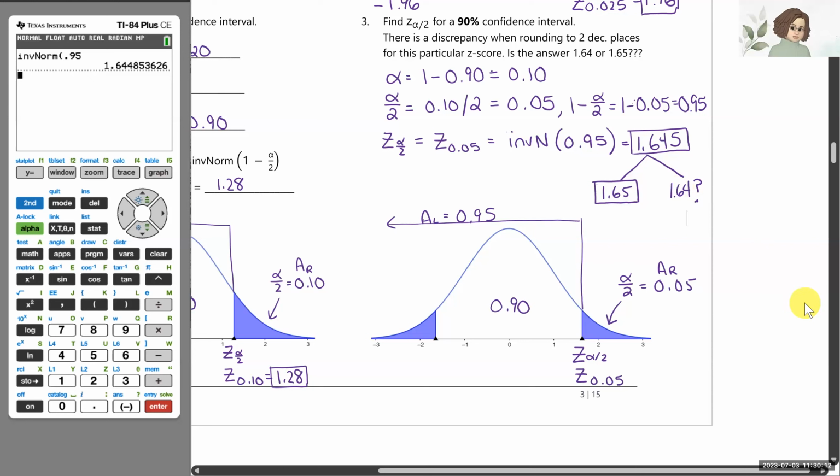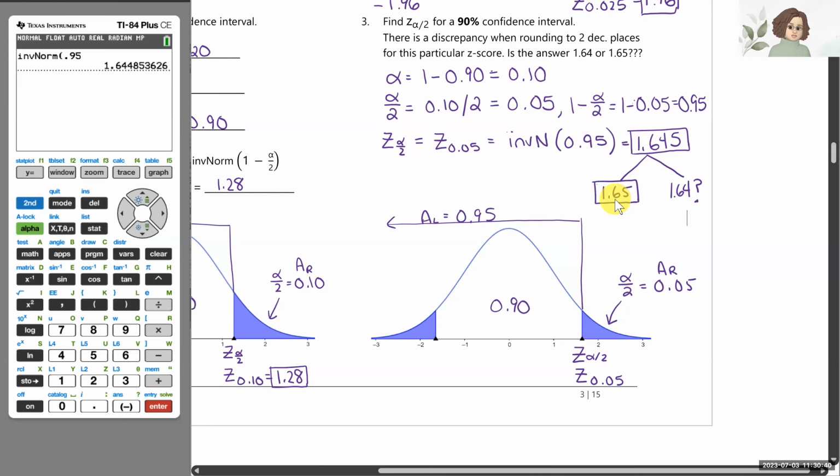So in the end, this isn't a major deal. It's just that it gets confusing for people learning statistics for the first time, because how do you know which one to use? Some books will use 1.64, some will use 1.65. So essentially, we just follow our book's guideline. We'll be using 1.65.